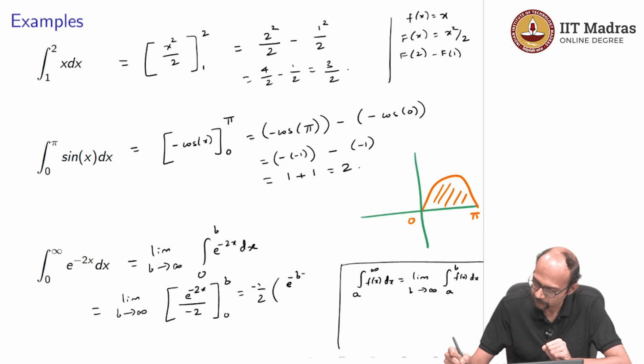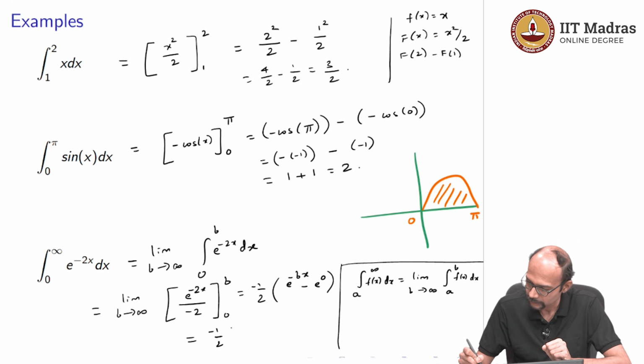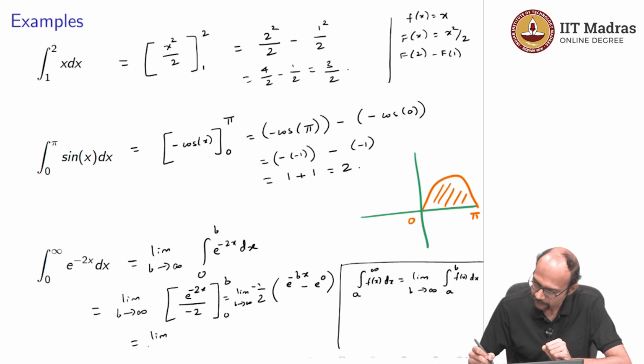So, minus half times e to the power minus 2b minus e to the power minus 2 times 0. So, that is e to the power 0, which is minus half times, I have forgotten my limit, excuse me. So, there is a limit here. Okay. So, this is the limit as b tends to infinity.